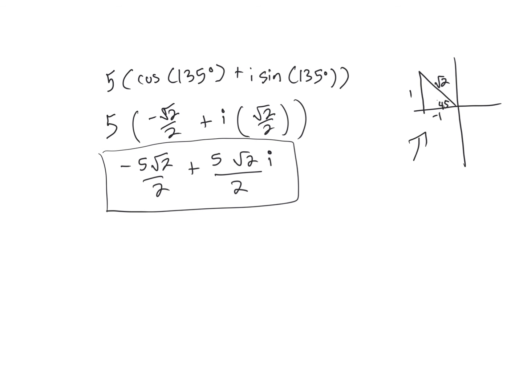It should look like this. Let's try a number that might not be so nice. So let's say we have 5 cosine 4 pi over 9 plus i sine 4 pi over 9. I really don't know what 4 pi over 9 is, so what I have to do is put that in my calculator.